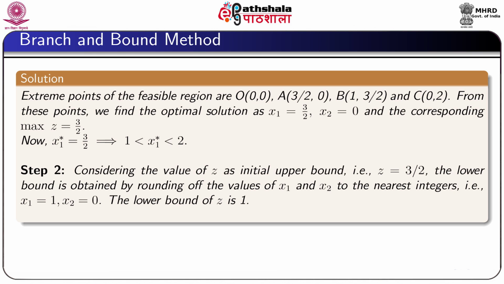So, considering the value of z as initial upper bound, that is z equal to 3/2, the lower bound is obtained by rounding off the values of x1 and x2 to the nearest integers, that is x1 equal to 1 and x2 equal to 0. Here the lower bound of z is 1.